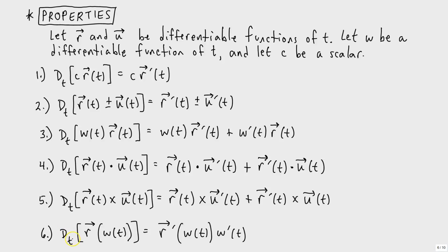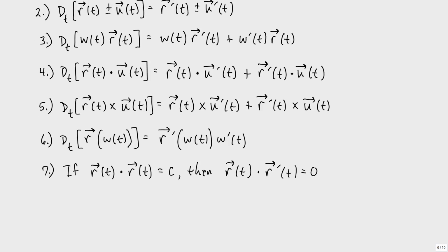And if you want the derivative with respect to t of the vector valued function r evaluated at the function w, you would just do r prime with w plugged in times w prime, so our chain rule that we're used to from the beginnings of calculus. And then one more. If a vector valued function dot itself is a constant, then that function dot its derivative will be 0.